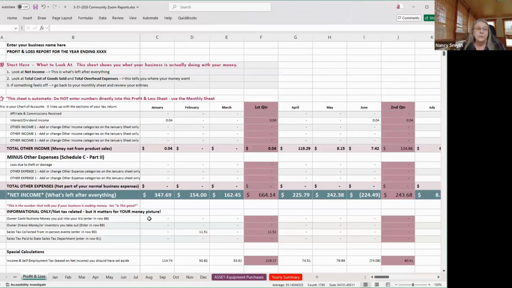You also need to know how much you're taking in owner's draw. Another really important piece. If you're not taking money out of your business, you're not planning for that. Okay. Most handmade business owners say, well, I'll pay myself later.